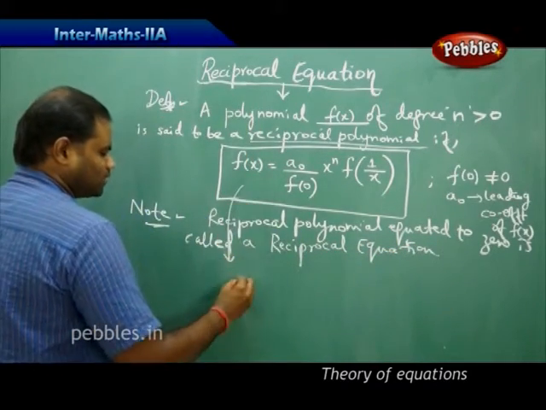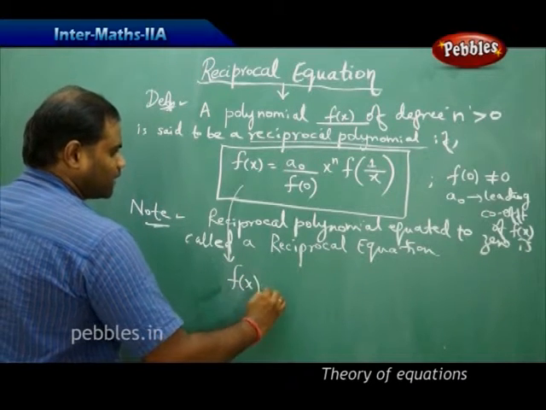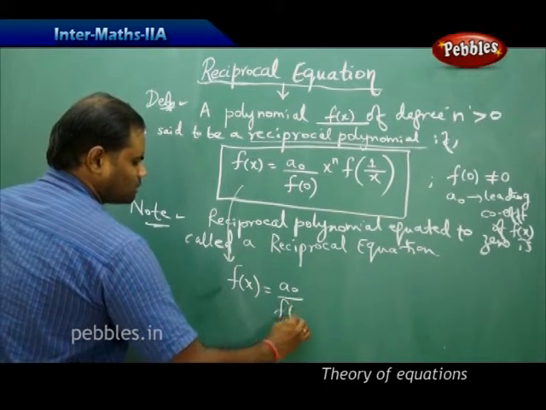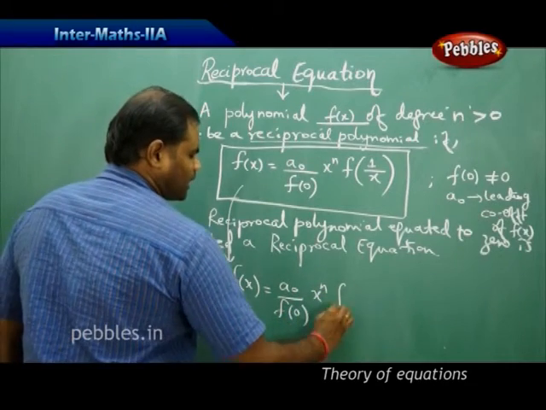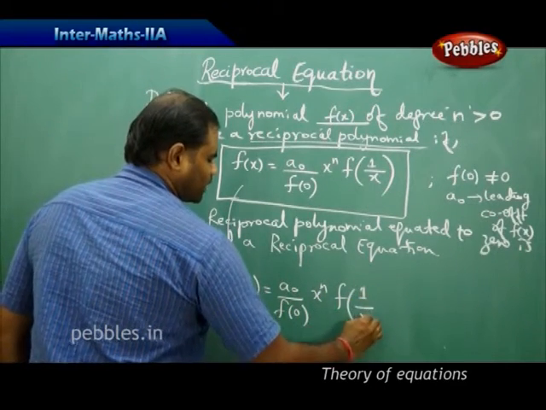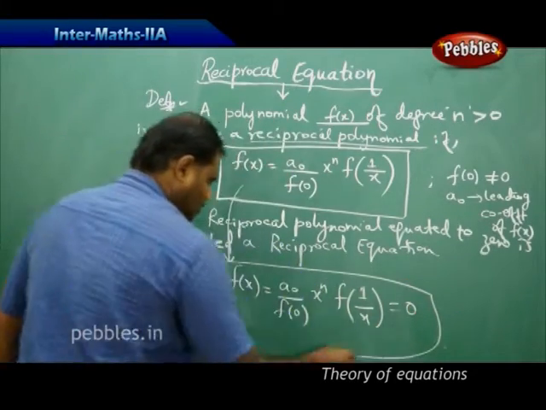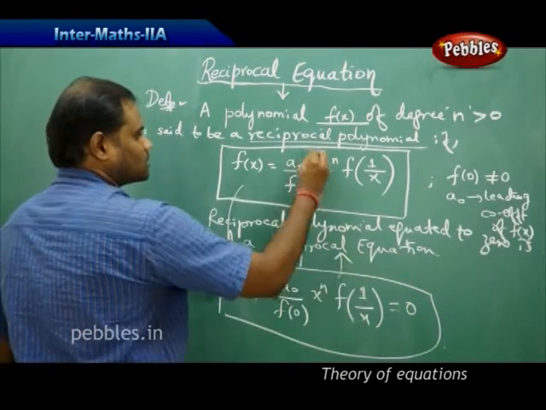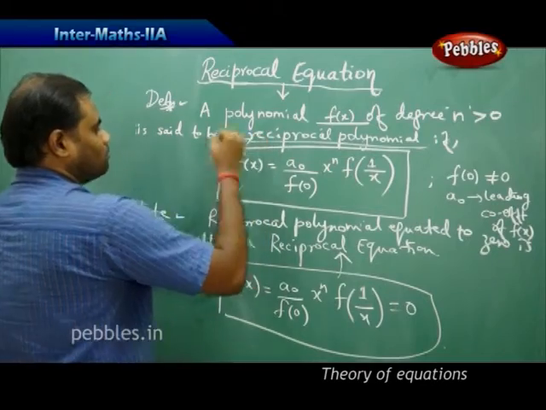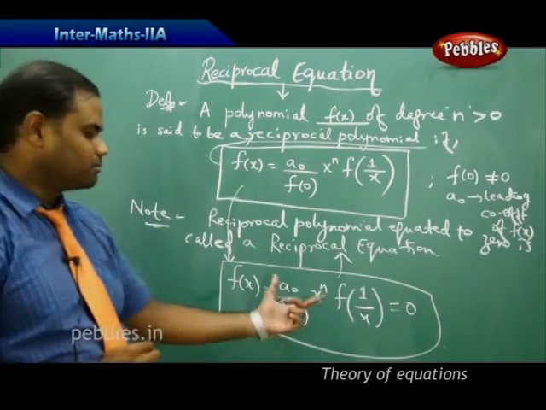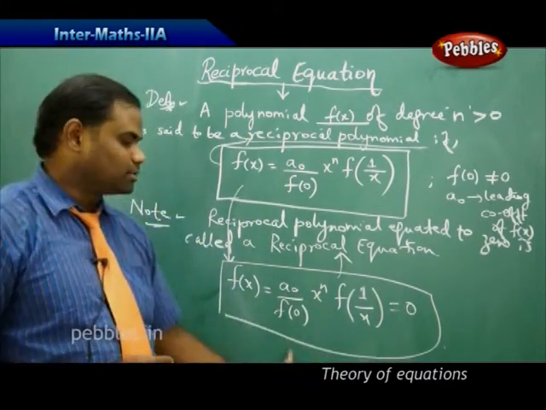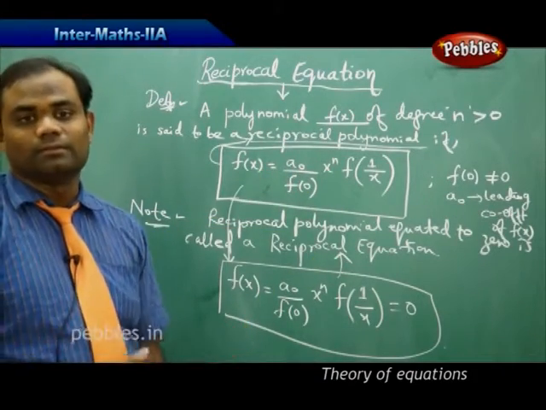Therefore, f of x equals a naught by f of 0 x power n f of 1 over x, equated to 0, is called a reciprocal equation, and the polynomial itself is called a reciprocal polynomial. This is how I differentiate between the reciprocal equation and the reciprocal polynomial.